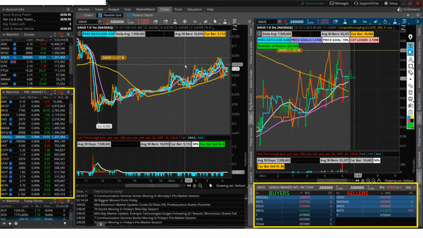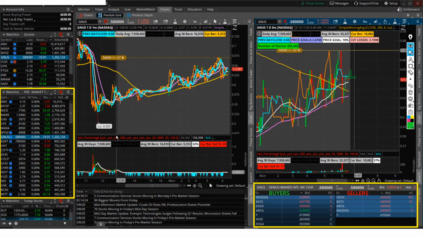Then you have to wait for the rest of the day to really capitalize on anything, because again there's always opportunities. It's just you have to wait for the right one and jump on the right one, and of course have the proper risk management, and also have the right setup.